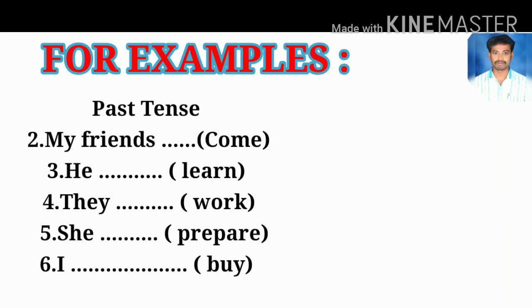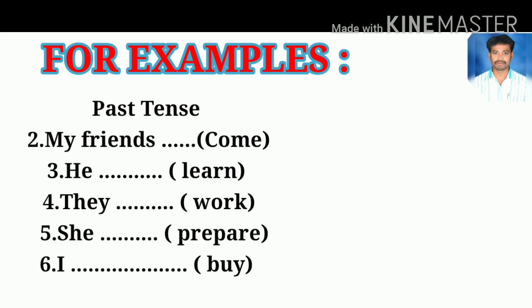Then the fourth one, they, dash, in bracket, work. Here also there is only one verb in the bracket, so I give importance to the subject. The subject is plural, so I write were. Then work changes into V3 form: work, worked, worked.